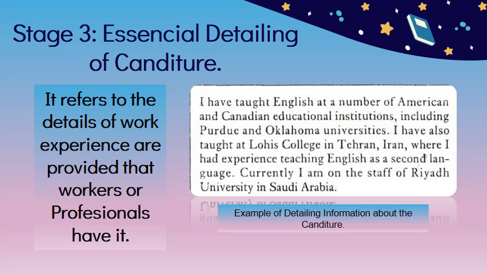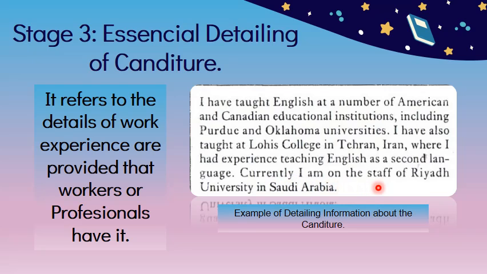I have taught English at a number of American and Canadian educational institutions, including Purdue and Oklahoma universities. I have also taught at Lovis College in Terengganu, Ireland, where I had experience teaching English as a second language.